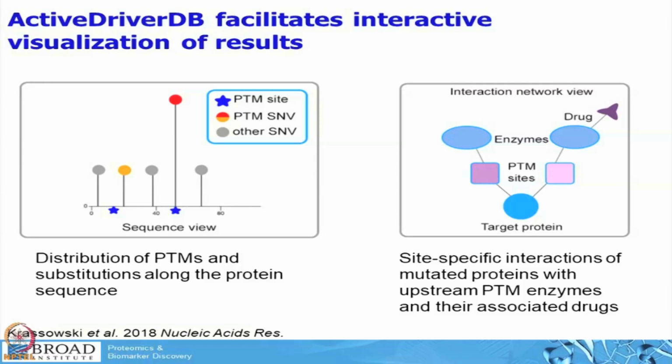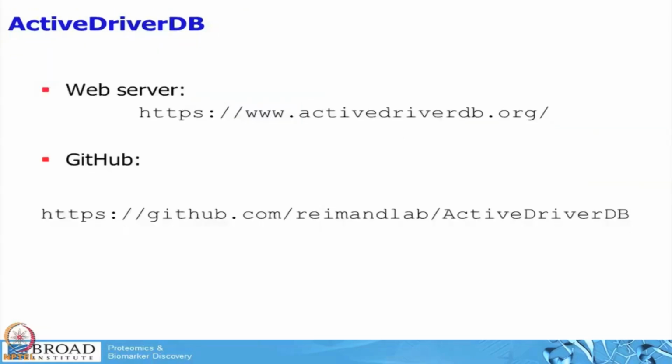So you can actually look at the distribution of PTMs along the sequence. It also has a way to build interactive network views between proteins, kinases, and enzymes, and PTMs, and so on and so forth. This is something, again, we are going to explore during the hands-on session.